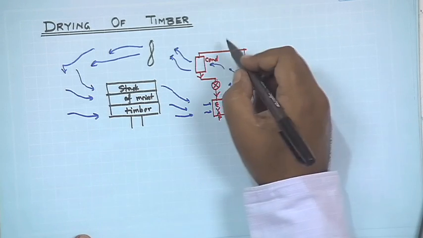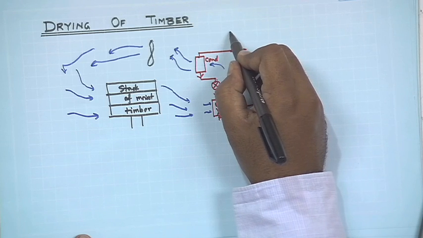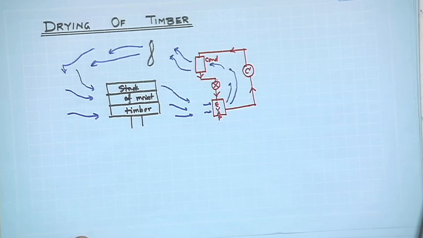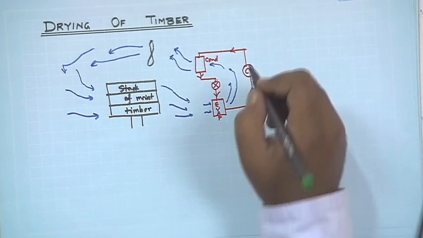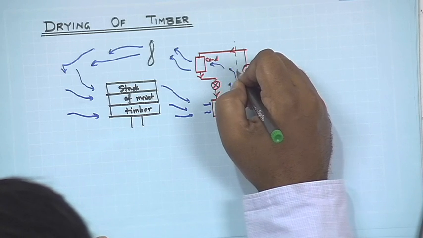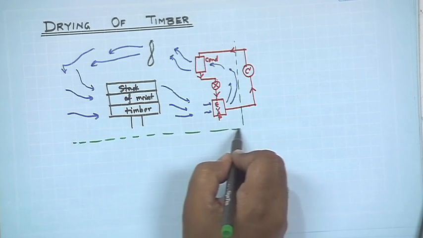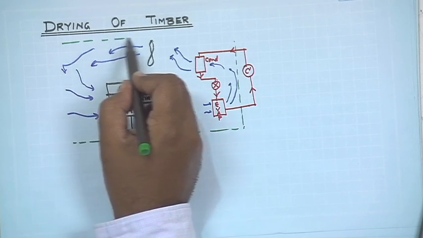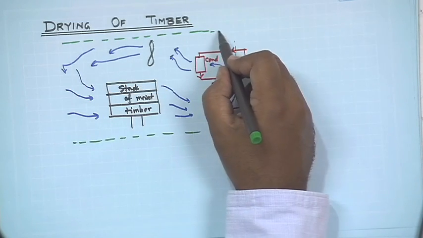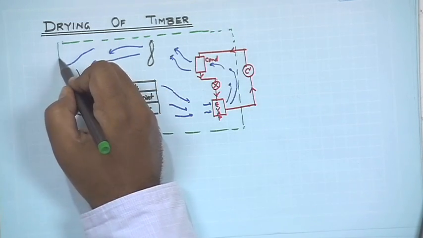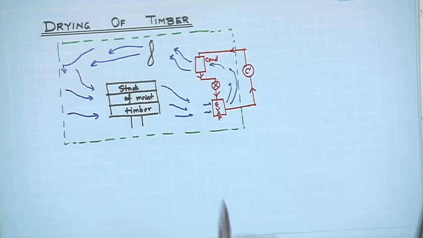Let me first draw some boundaries. The compressor and probably even the expansion valve can be outside. So what needs to be inside this timber drying unit is this.